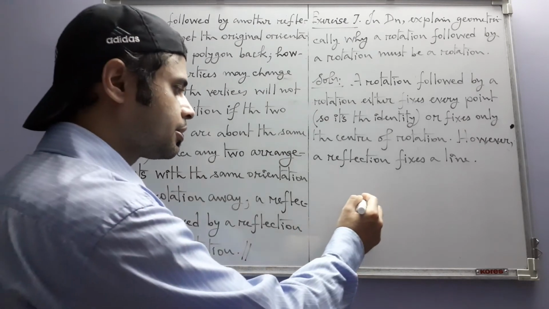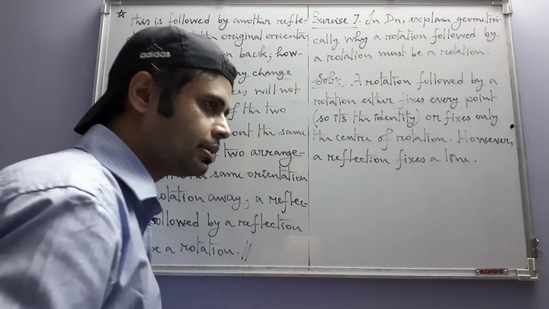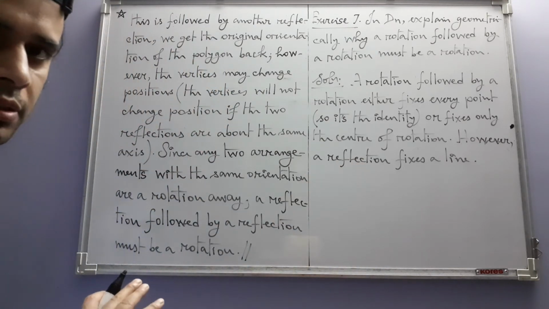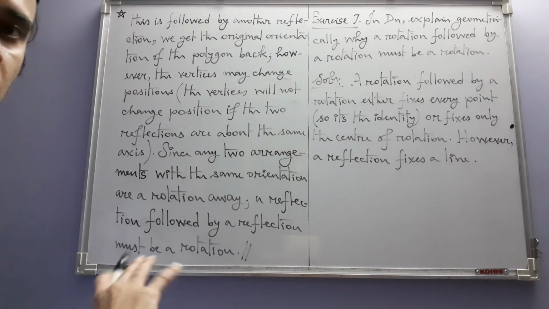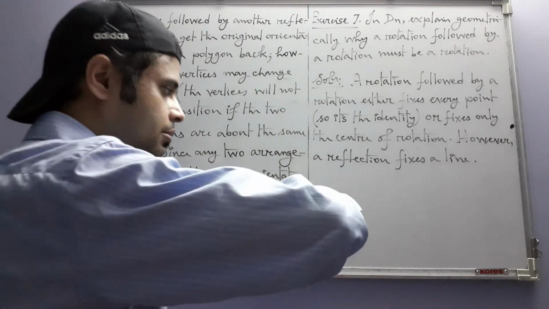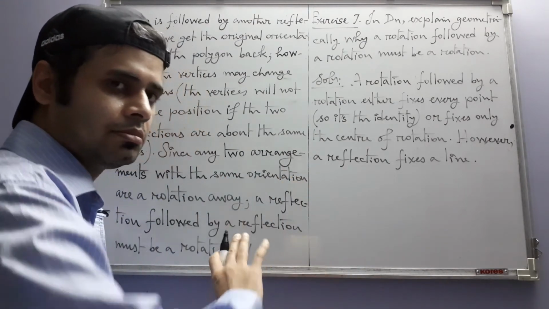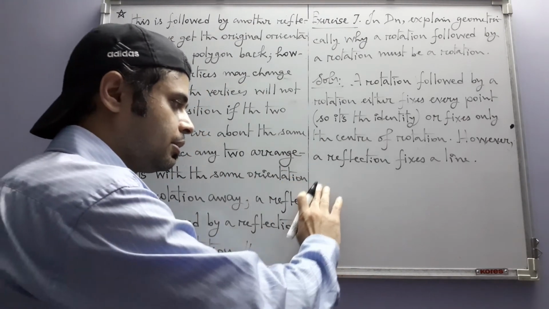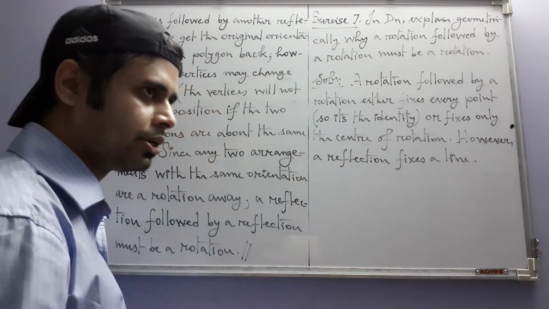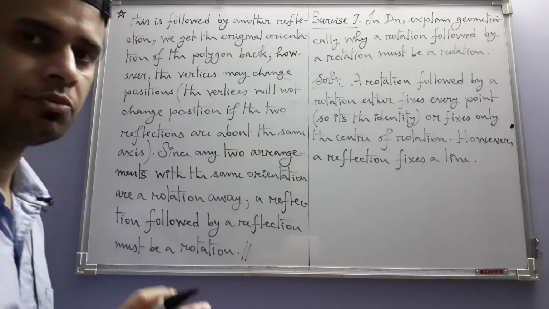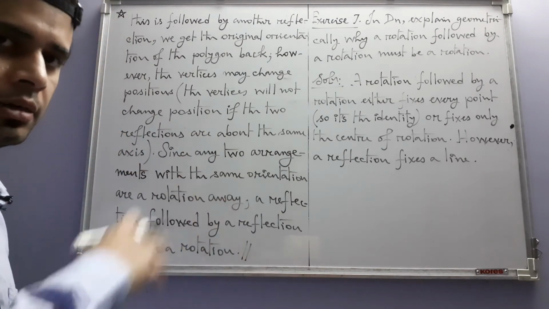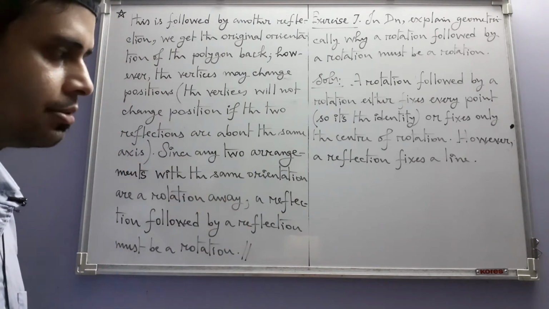Say one rotation is through an angle 30 degrees in the counterclockwise direction, the other is through an angle 30 degrees in the clockwise direction. Then if you perform both of them, they will cancel each other. So their combination will fix all the points, or their combination will fix only the center, and they will change everything else.